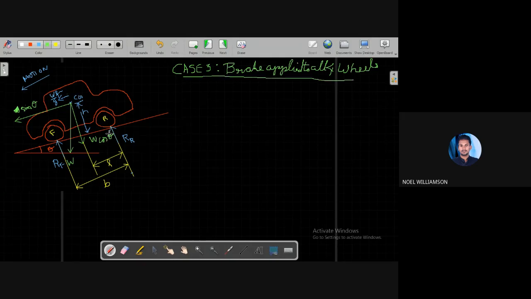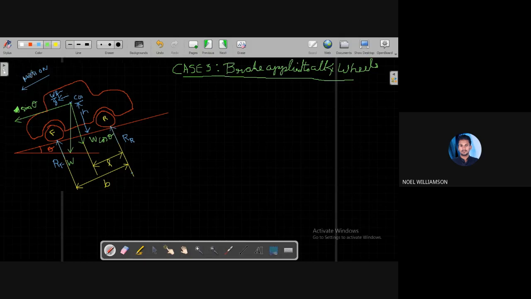So what happens when brake is applied to both the rear and front wheels? Then at each portion there will be friction.